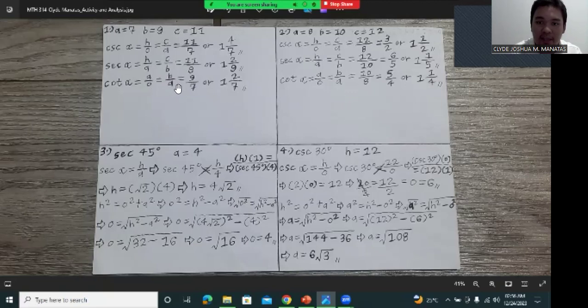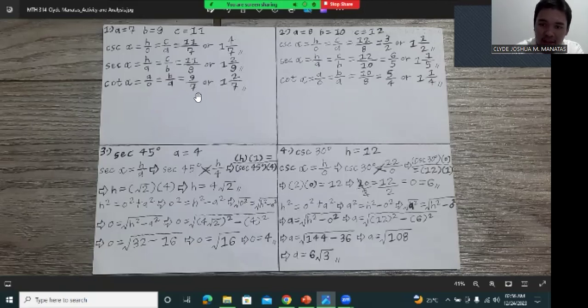Substituting everything, cosecant 30 degrees is equal to 12 over opposite. Then cross multiply: cosecant 30 degrees times opposite is equal to 12 times 1. Cosecant 30 degrees is equal to 2, so 2 times O is 2O, and 12 times 1 is 12.